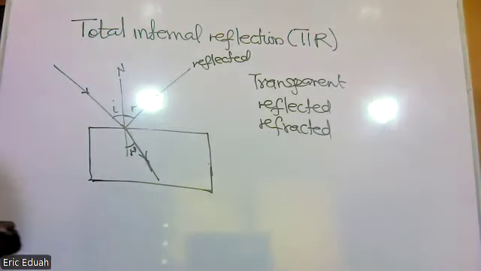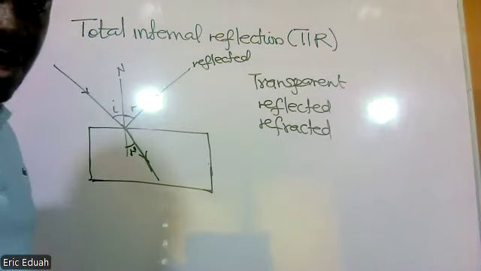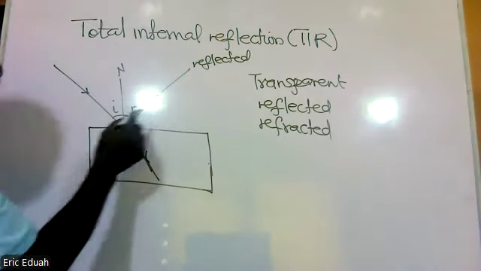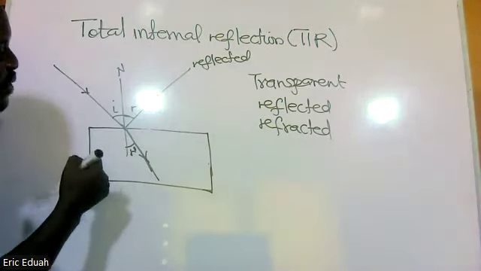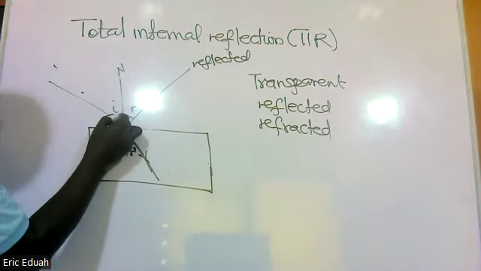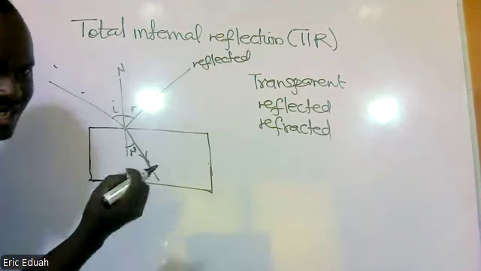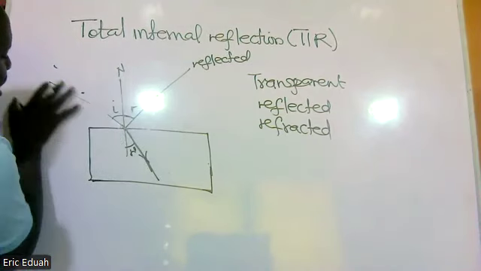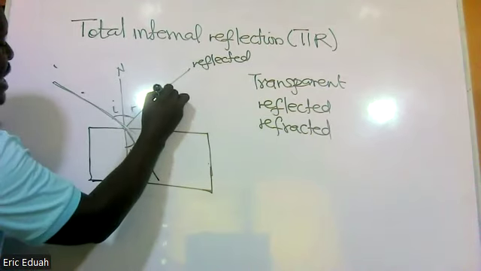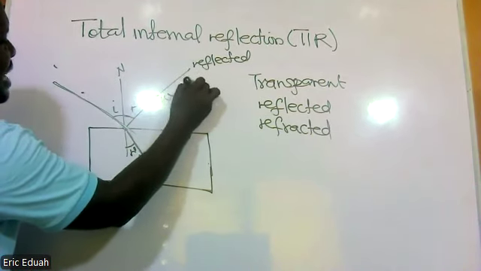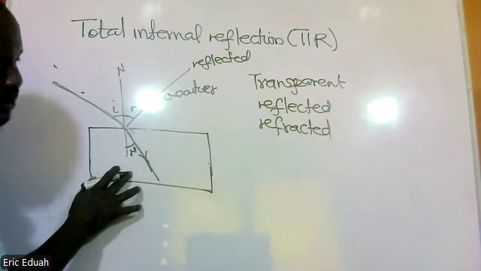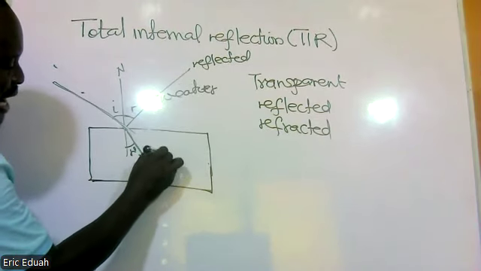Now, usually you realize that the reflected light would always be weaker. The brightness will be less. So this will be weaker in terms of brightness, and then the refracted ray is always stronger.